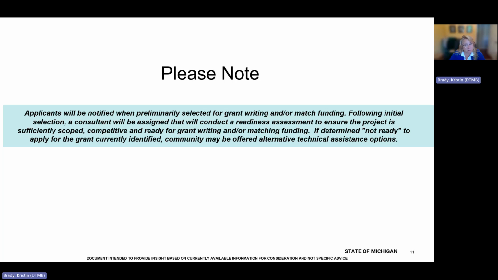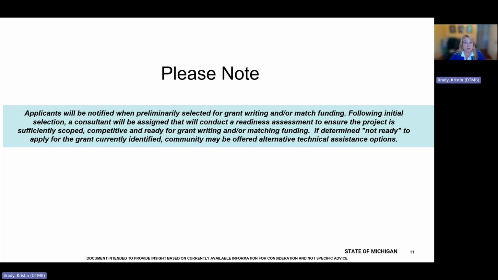And if it is determined not ready to apply for the current grant, the PIDP, you may be offered alternative technical assistance options. But this is important to note as you're filling out your application, because it indicates that one of the ways we score applications for technical assistance is by looking at readiness.